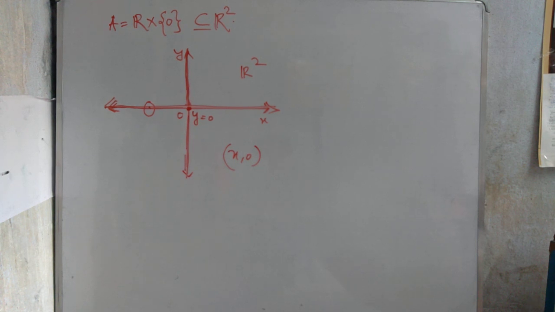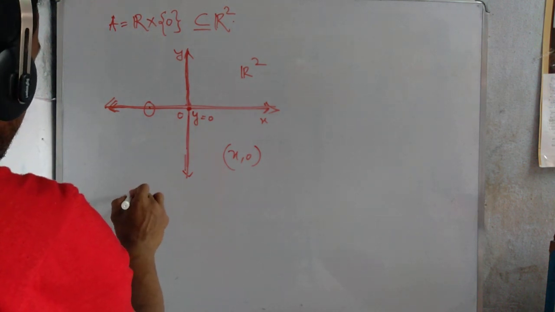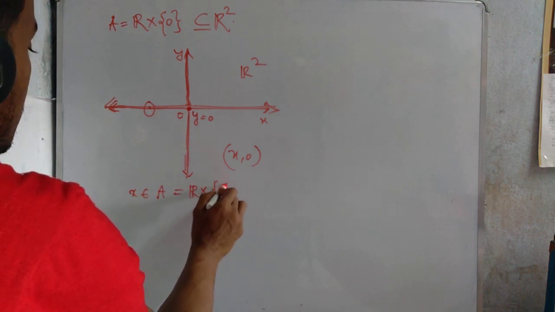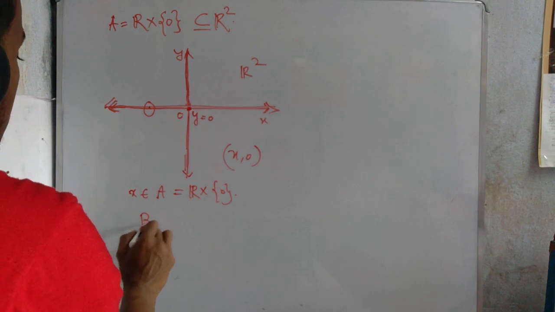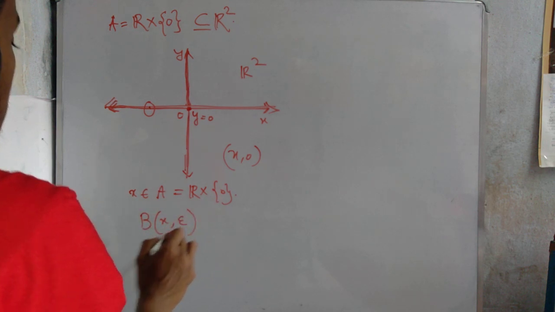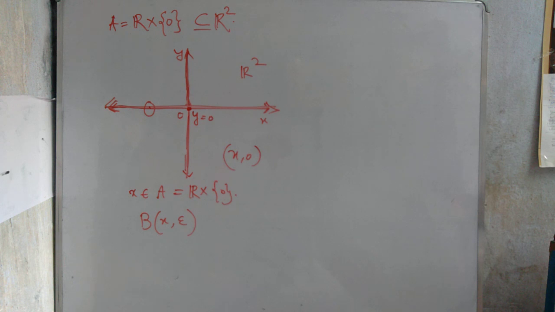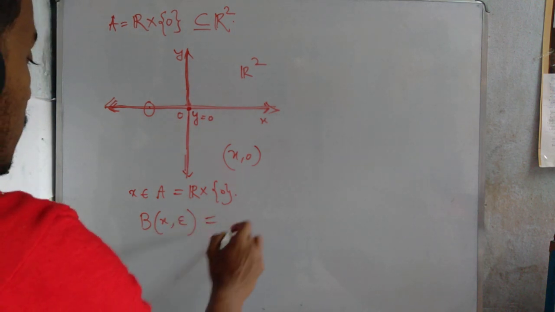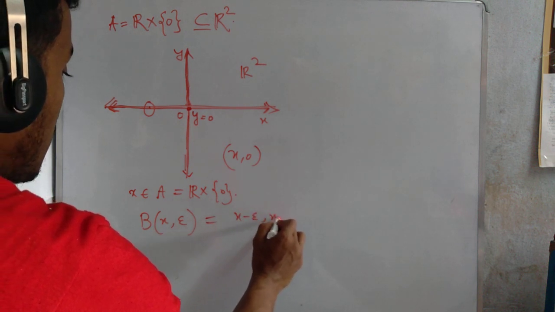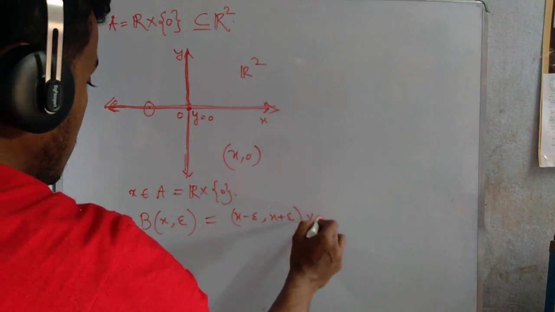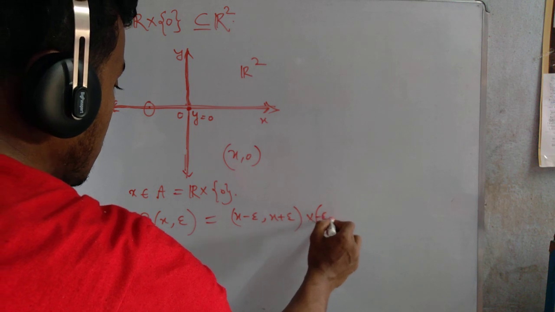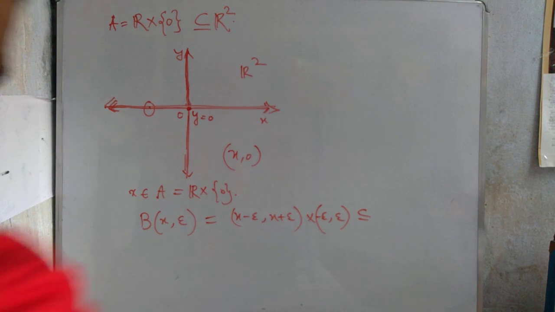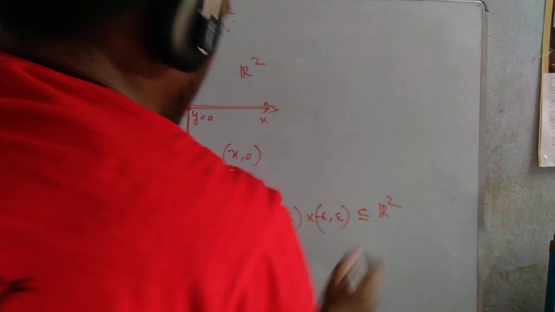Because if we consider x belongs to A equal to R × {0}, then obviously B(x, epsilon) equals (x minus epsilon, x plus epsilon) cross (minus epsilon, epsilon), a subset of R squared.